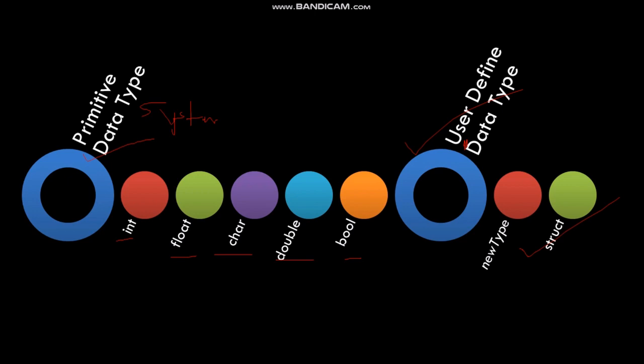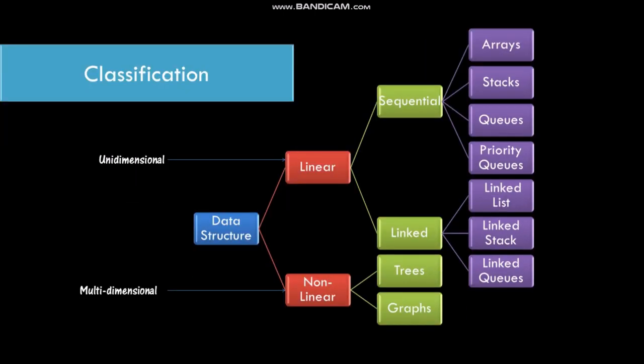The number of bits allocated for each primitive data type depends on the programming language, compiler, and operating system we are working on. The figure illustrates the classification of data structures. The data structures can be broadly classified into linear data structures and nonlinear data structures. Linear data structures are unidimensional in structure and represent the linear list. These are further classified as sequential and linked representation. On the other hand, nonlinear data structures are two-dimensional representation of the data list.